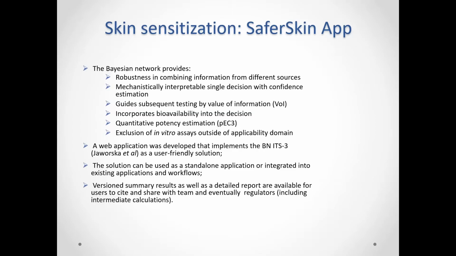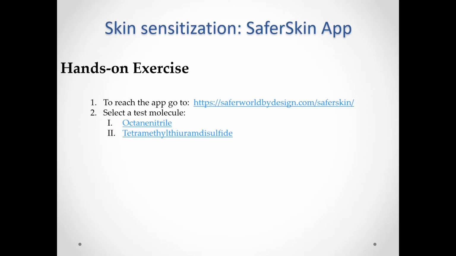And one thing that needs to be taken into account is that here we can say not only whether it's a sensitizer or not, but we can also predict whether it's a weak or strong sensitizer, so we have some kind of potency of the sensitization. The solution can also be used quite easily and fast. For those of you who are interested, here is a link to the application.